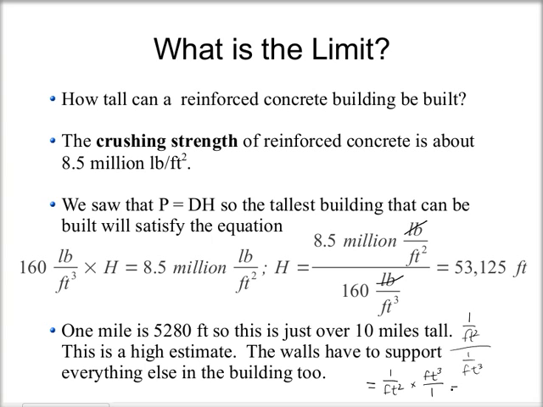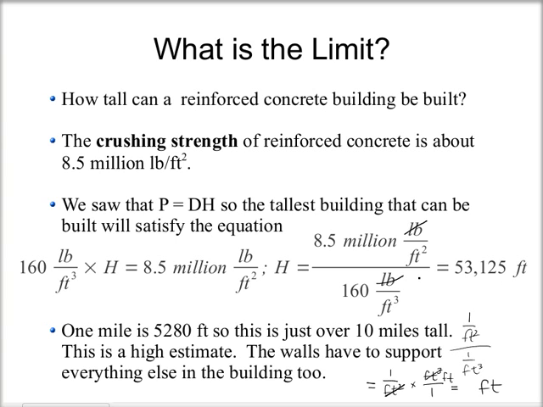And what I'm going to have left is just feet on top, so that's equal to feet. And then 8.5 million divided by 160 is going to give me 53,125 feet.